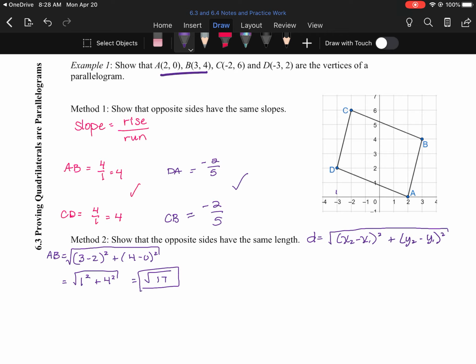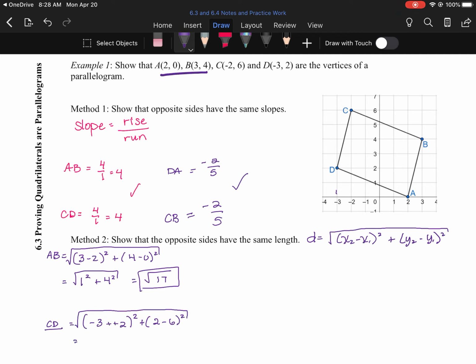So that's AB. Now C to D should have the same length, so I'm going to do C to D next. All right, so C to D, so that's going to be negative 3 minus negative 2 squared plus 2 minus 6 squared.